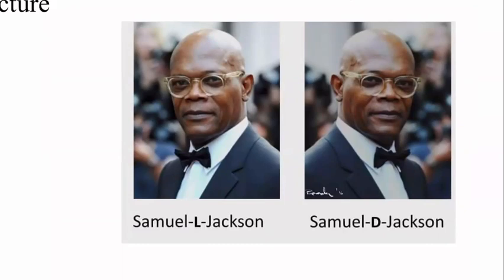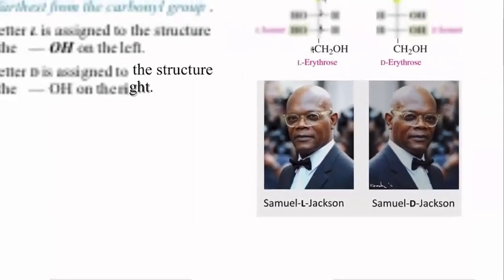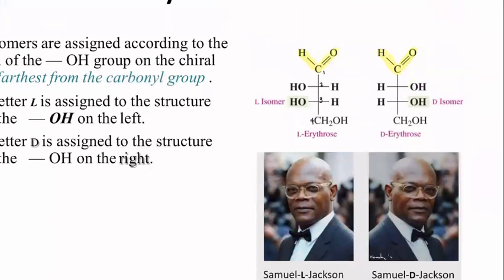One more thing that I want to mention when it comes to D and L isomers, when it comes to stereochemistry, the relationship between these two is that they are enantiomers. You can see that the D isomer, and vice versa, is the mirror image of the L isomer.